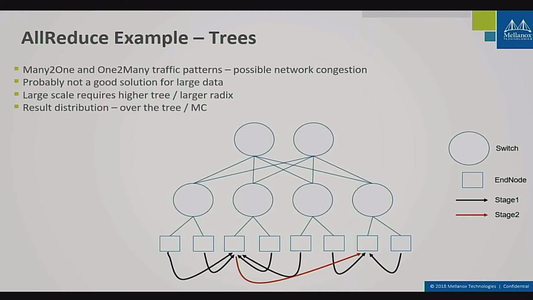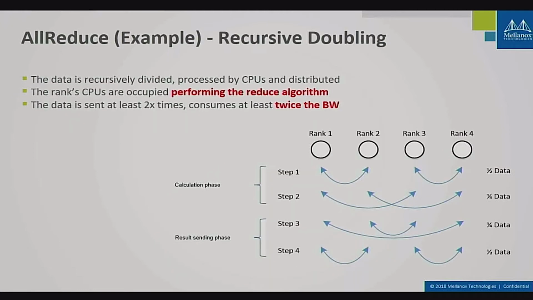Doing that in a tree, you have a nice multi-stage implementation, moving the data multiple times to do all-reduce, and then you need to broadcast, and you can do that either with exactly the same tree, or with some hardware multicast, like some of the network technologies offer.